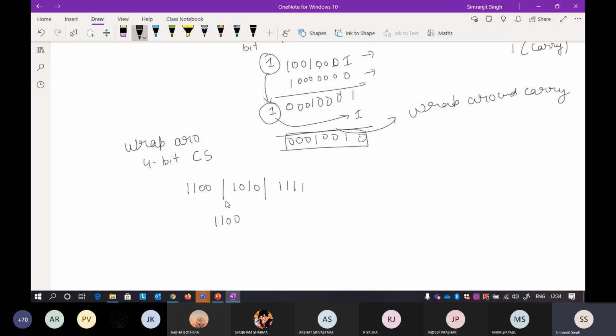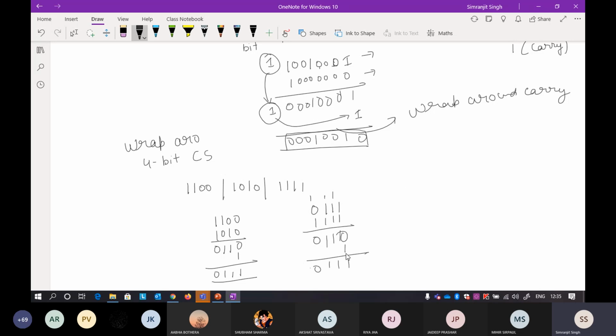First 1100 will be added to 1010, so it will be 0110, and then there will be a wraparound carry, so I add it here, and it will be 0111. Then I add 0111 with 1111. Adding bit by bit with carries, again I have to add the wraparound carry, so it will become this one.